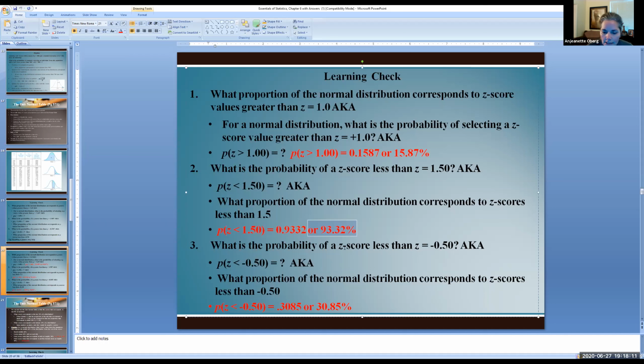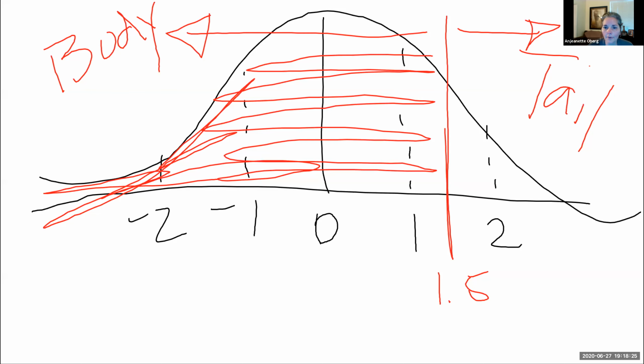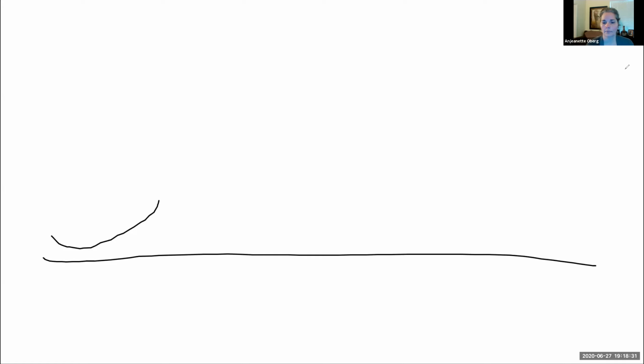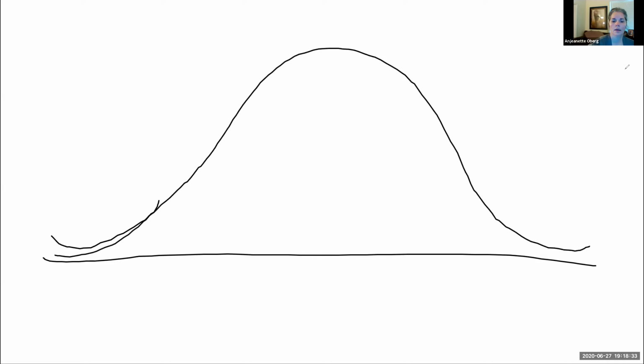So now let's look at this last one. A score less than -0.50. Okay, so let's go back to our whiteboard, and let's clear this guy out. And now I'm going to draw a new one. And it's asking me, here's my mean, right?